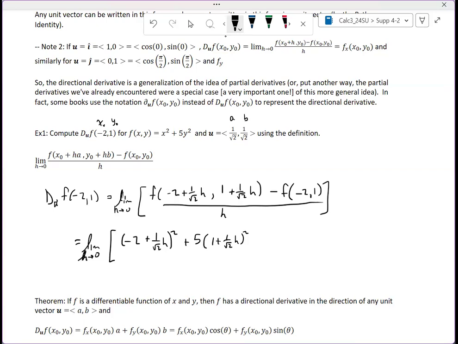And then subtract off f at (-2, 1). So subtract off (-2) squared, and subtract off 5 times 1 squared. That's all divided by h.